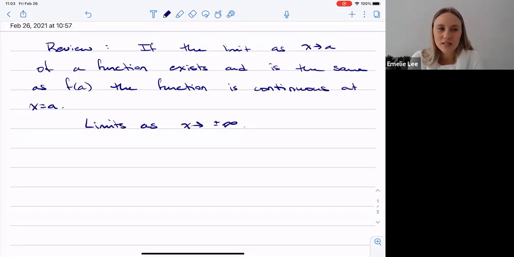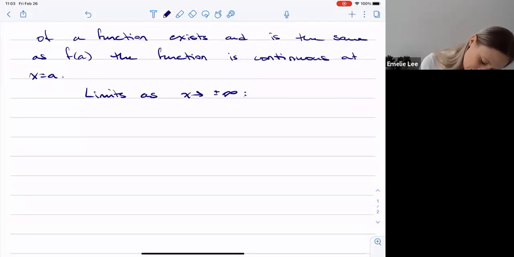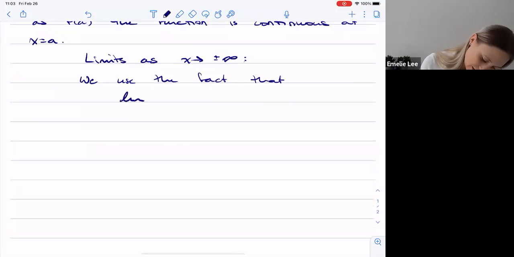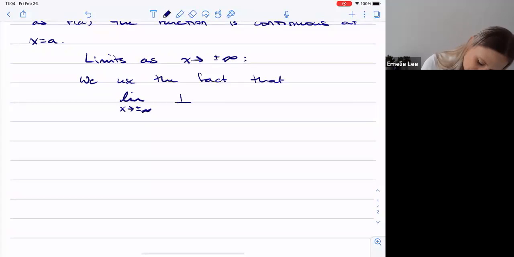One trick to deal with these is that we use the fact that the limit as x goes to, I'm going to cheat a little bit and do plus minus infinity so I'm not going to write it out twice, a little bit improper, of 1 over x to the r.